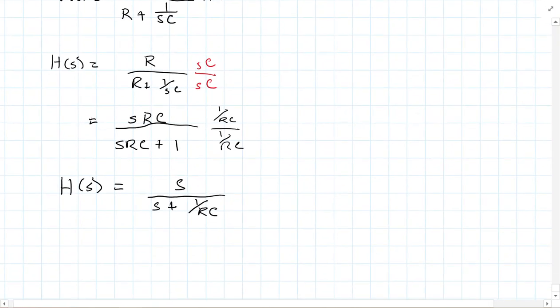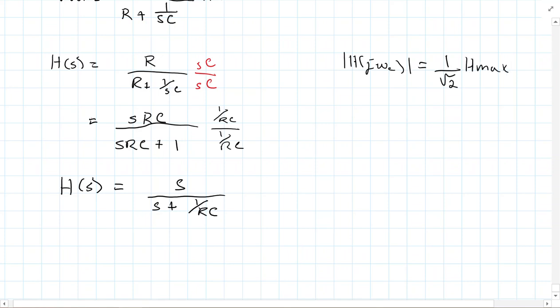Now, we still need to figure out what the cutoff frequency is for this, just like we did before. And we are going to go through the computation because I like going through the derivation of the cutoff frequency because I think this really gives insight. It's not just some random equation that we get. Remember that my cutoff frequency, the magnitude of H at j omega c, has to equal 1 over the square root of 2 H max.